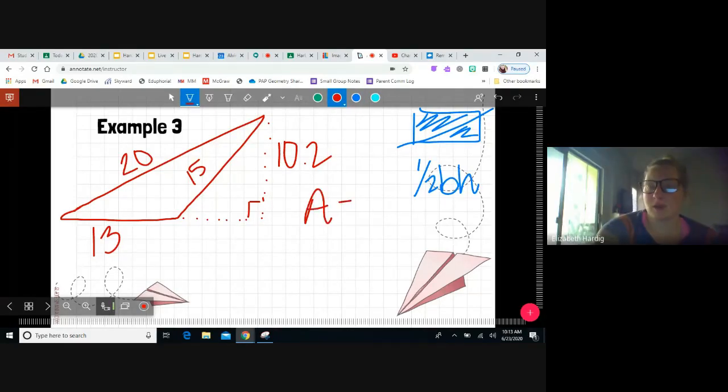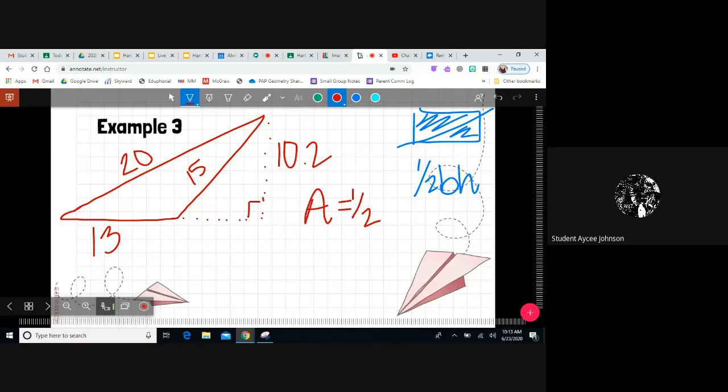So when I'm looking at my triangle, the length of that base, who thinks they know the value of the length of the base of the triangle? Anybody?